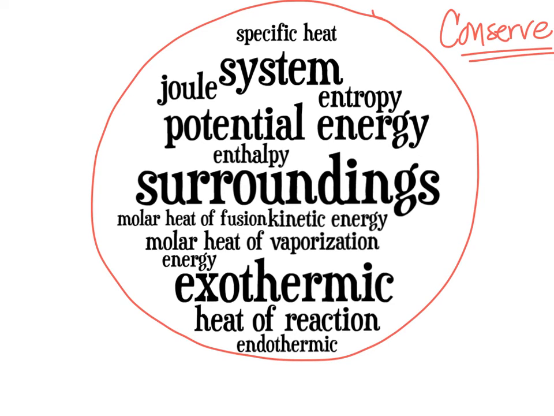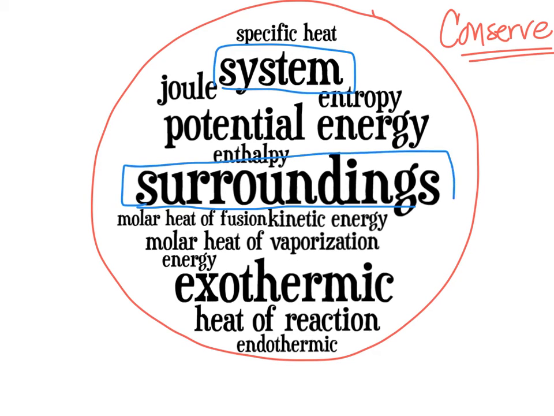We really need to address, when we're looking at a reaction, a couple of things. We need to address what we're going to call the surroundings, and we're going to need to address what we're calling the system. So when you are dealing with a reaction in thermochemistry, we need to know what are we focusing on. So let's say this big red circle is our system. So we'll label this as the system.